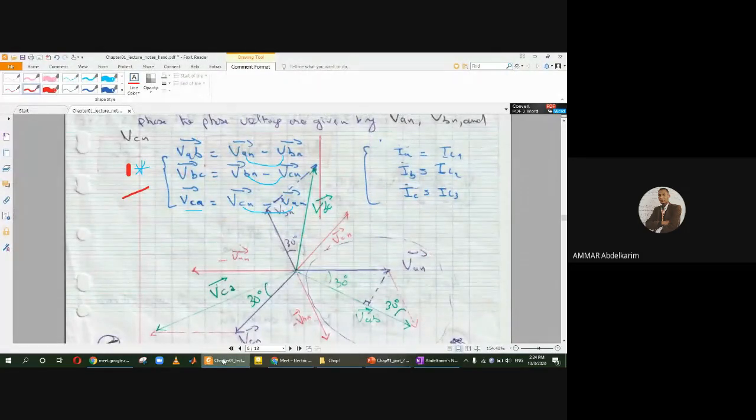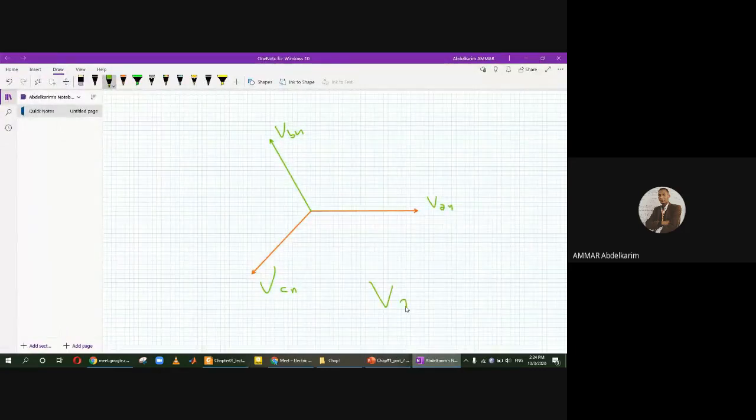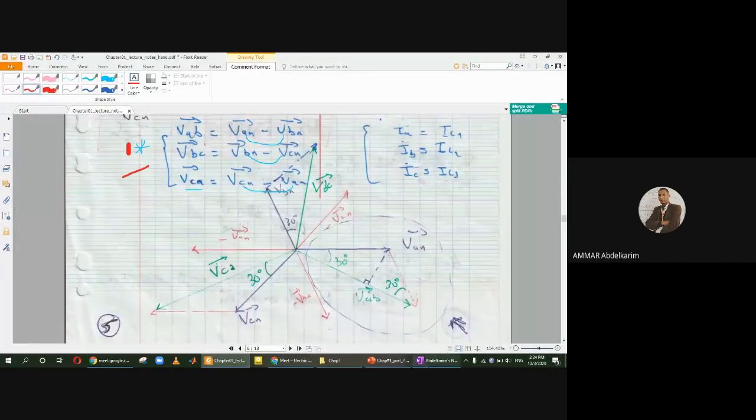And those vectors equal what? So VAB equals what? VAN minus VBN. So this is VAN and this is VBN. In order to represent VAB, what are we going to do?